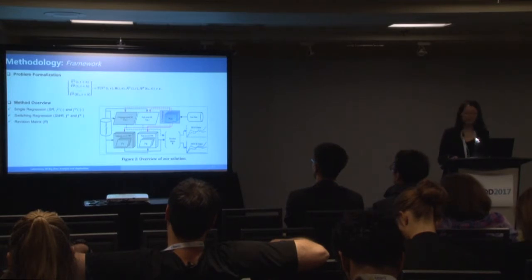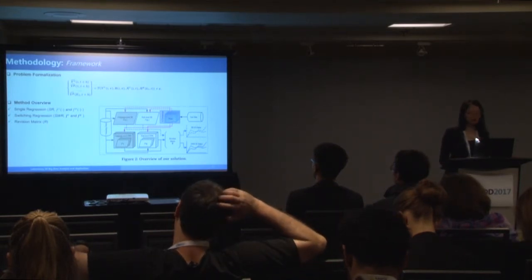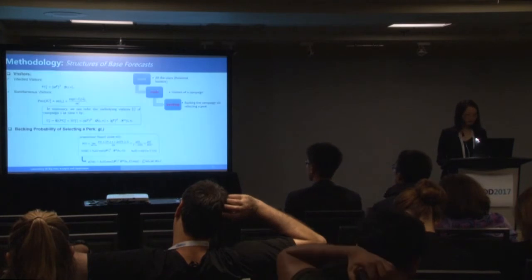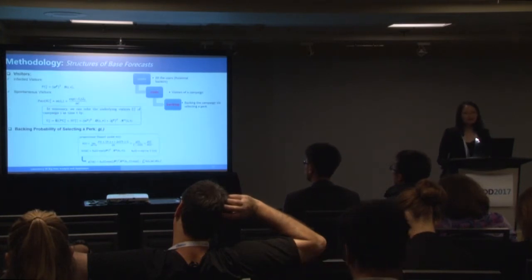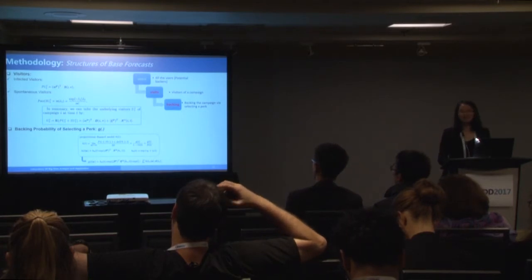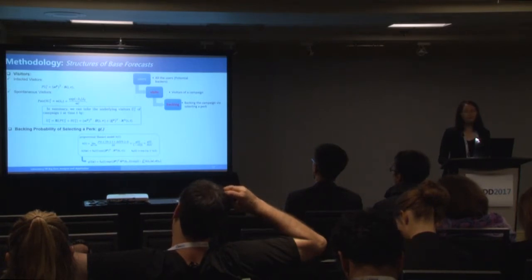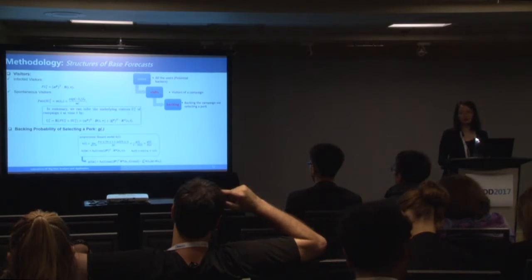Now, let's look at the single regression and the switching regression. We assume there are two types of visitors here, that is, the infected visitors and the spontaneous visitors. Because of the different assumptions for the different types of visitors, we propose to model them in different ways.